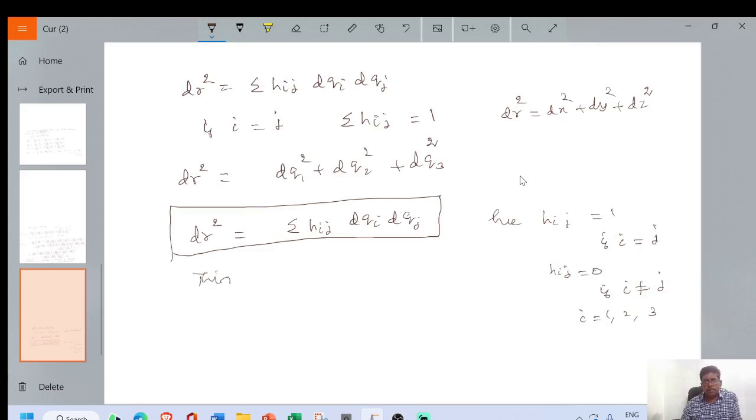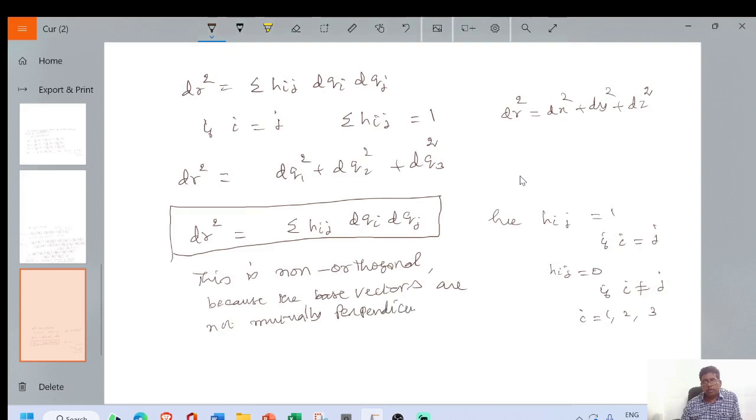This is non-orthogonal, because the base vectors are not mutually perpendicular to one another.